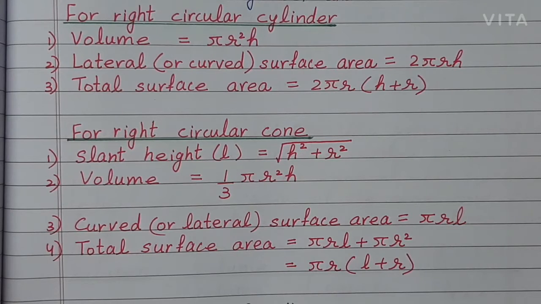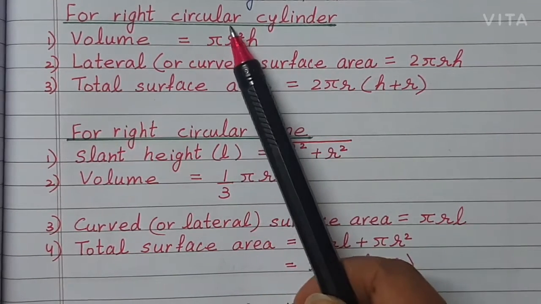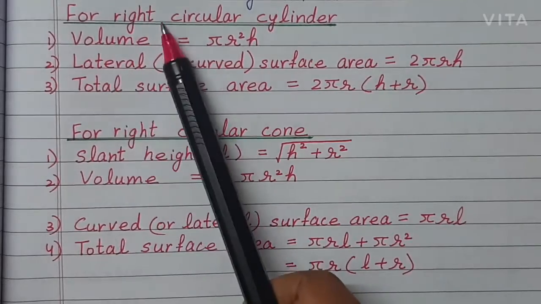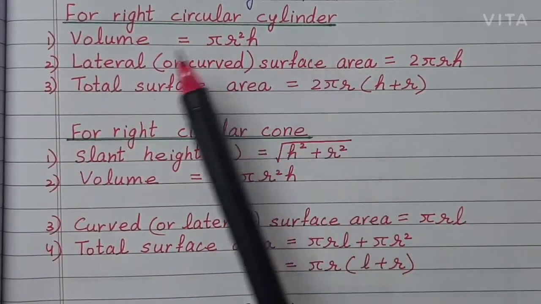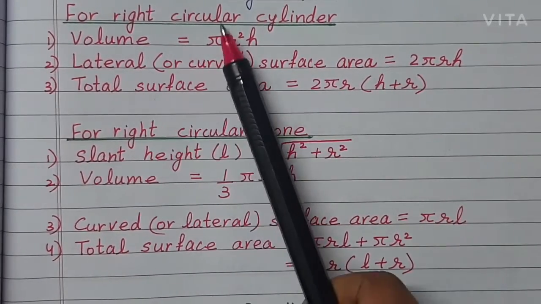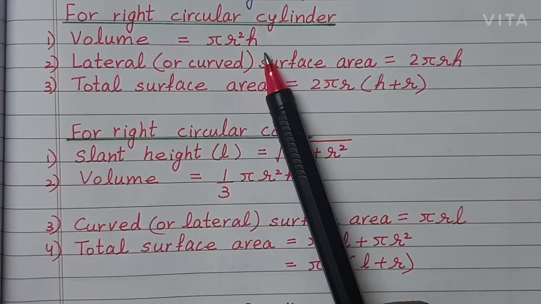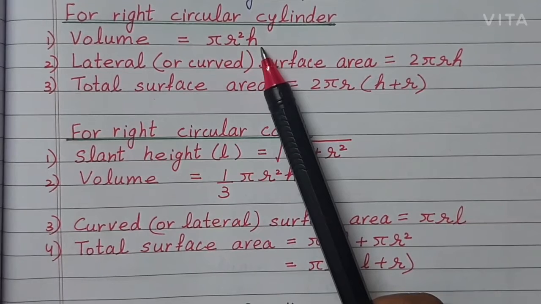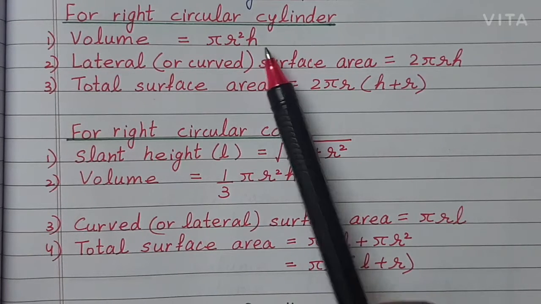Students, now let us revise chapter 16, that is three-dimensional solids, cylinder and cone. For any right circular cylinder, volume is pi r square h, where r is the radius and h is the height of the cylinder.